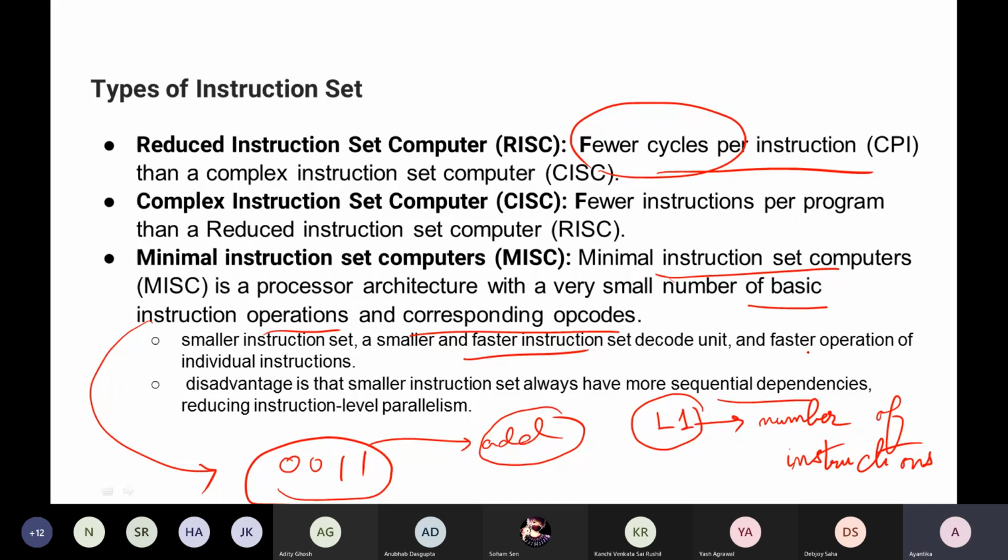Like I have given the example of multiplication, it is in turn calling addition sequentially, repeatedly. So that is the disadvantage: with a smaller instruction set, there will be repeated calls. On the other hand, the search time will be minimal. So there is always some positive and negative of whatever instruction set you choose. Okay.